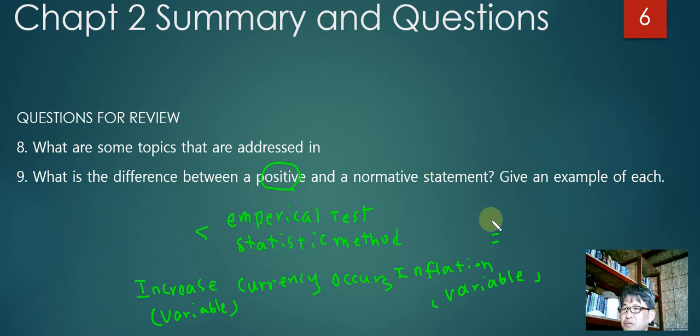But if some scholar insists that the government should reduce money, then this is normative. Understand this one, the relation between the two, right? Positive means the statement of the mathematical result as it is.